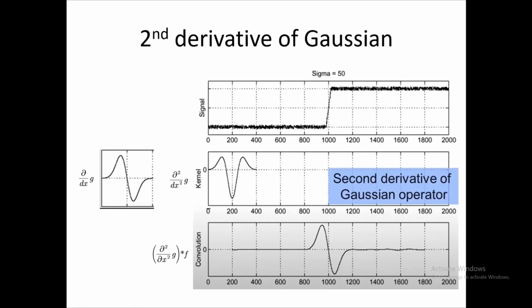And how do we find the maxima? We take one more derivative. Instead of taking a single derivative, we're going to take the second derivative.